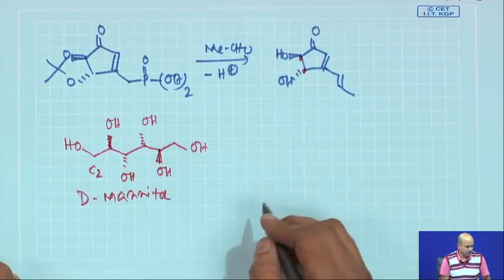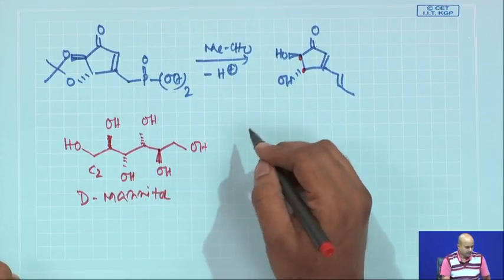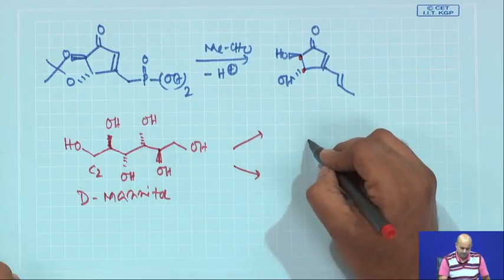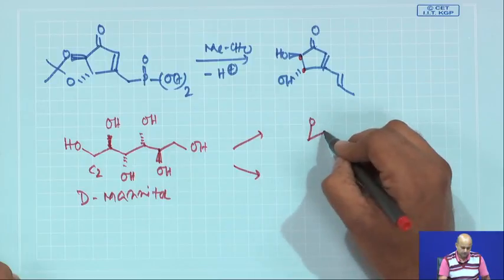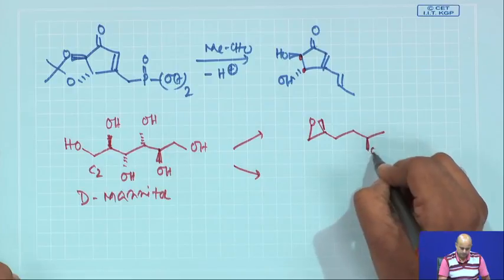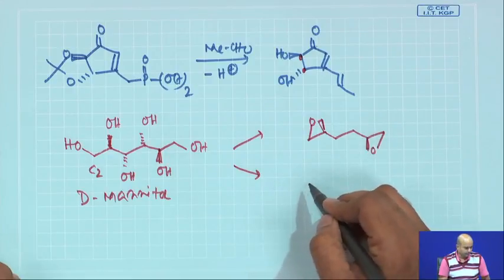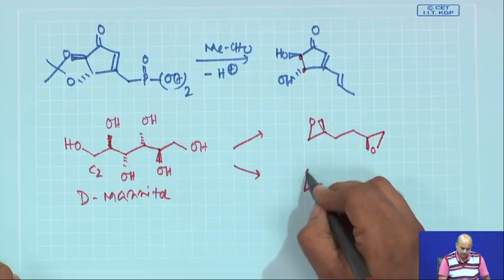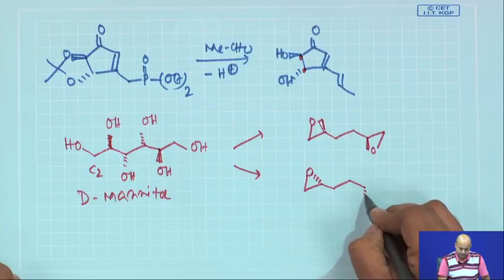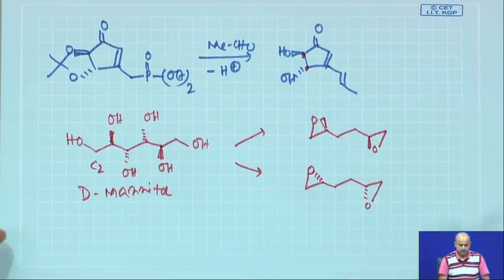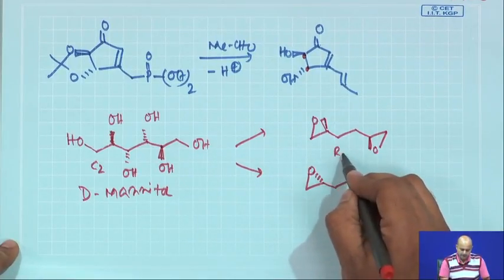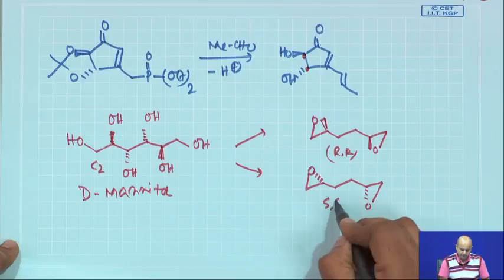From D-mannitol, I say that you can prepare both of these epoxides through a divergent pathway. This divergence was pretty important. You can basically get the RR epoxide or the SS epoxide.